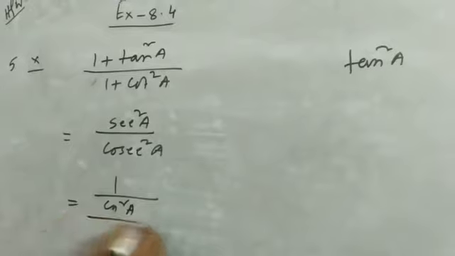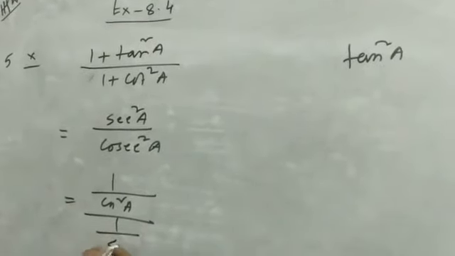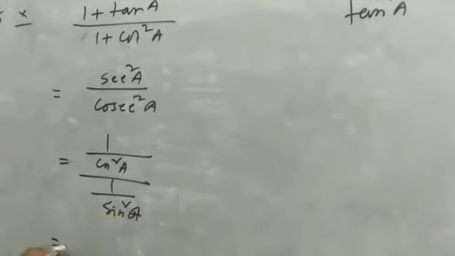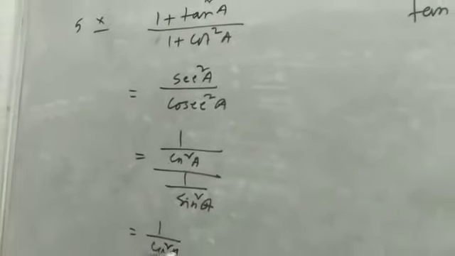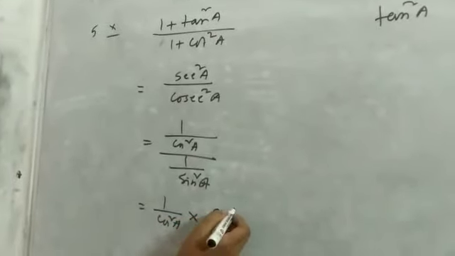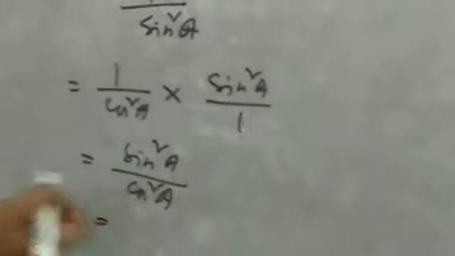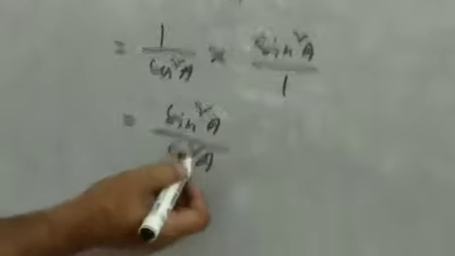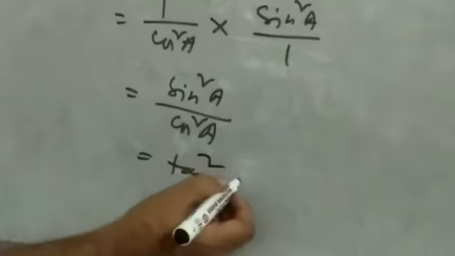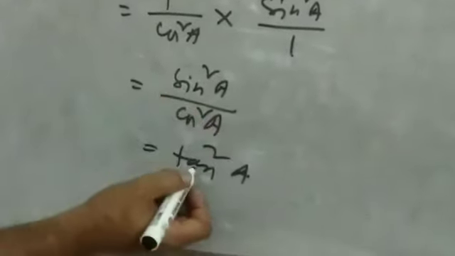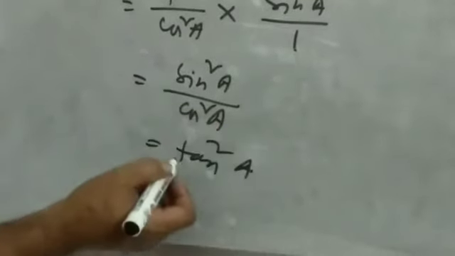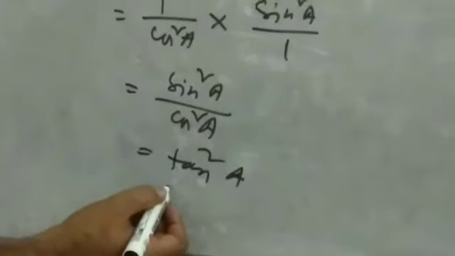Now sec square we can write 1 by cos square A, and cosec square we can write 1 by sin square A. So 1 by cos square A into sin square A, and this term is actually sin square A by cos square A, and we know sin by cos is tan, and since square is on both terms, we can write it as tan square. Okay, so we got the right hand side tan square.